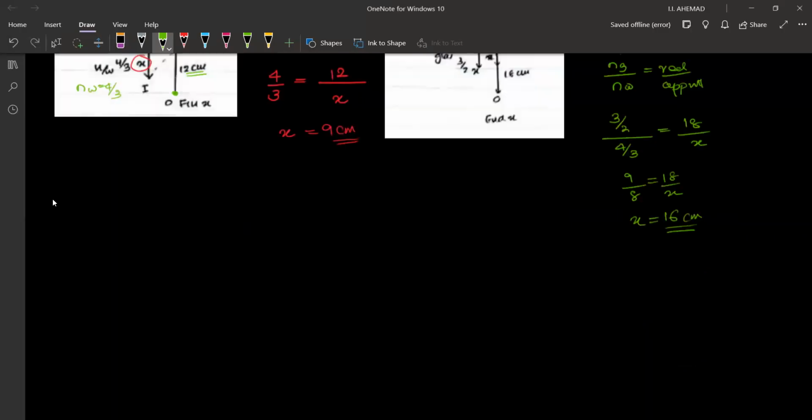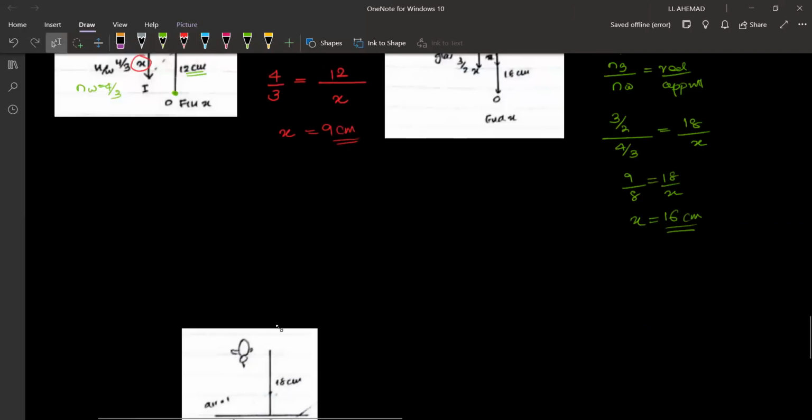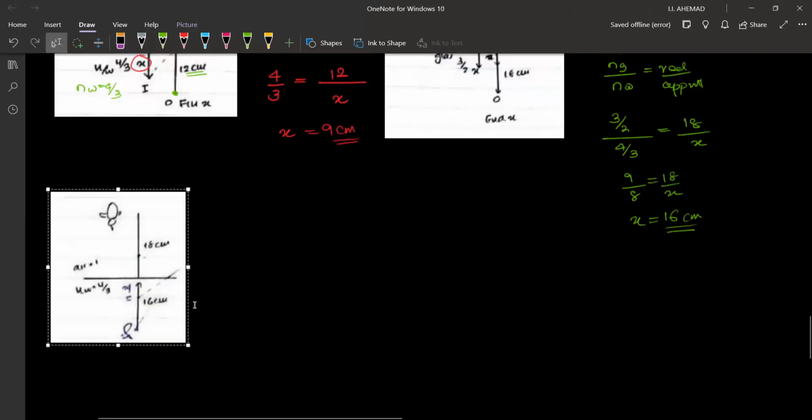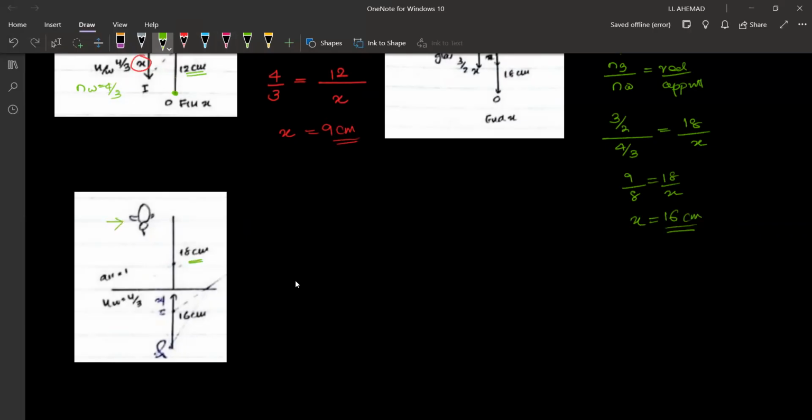Example 3. This is a bird which is at a height of 18 centimeters, and this is a fish which is at a depth of 16 centimeters.